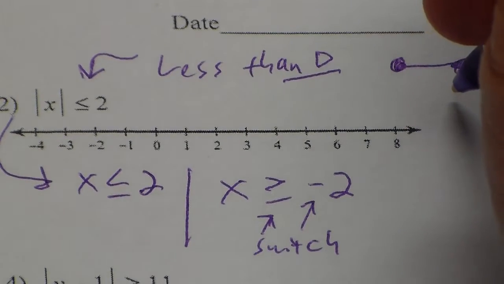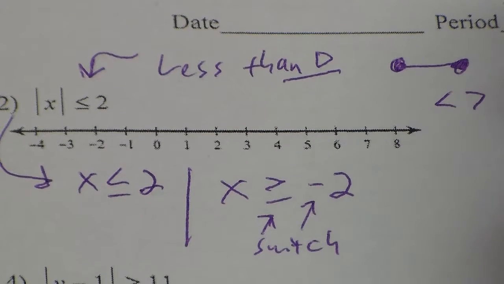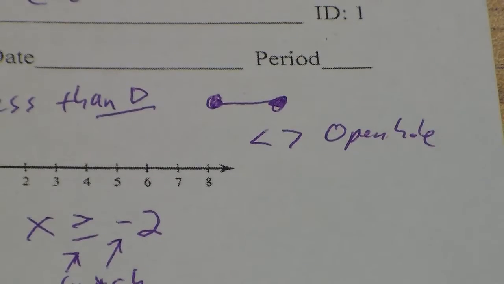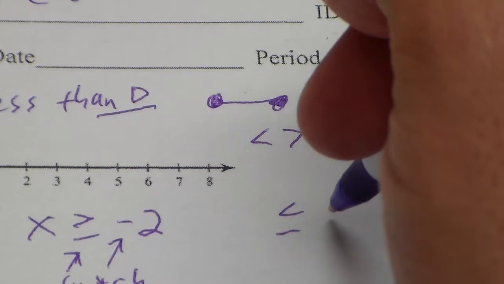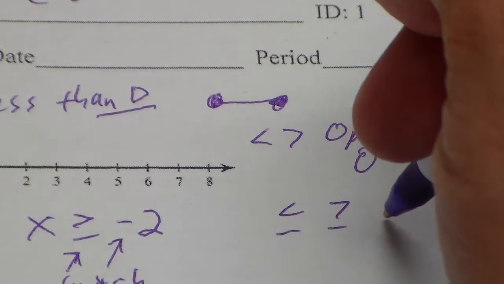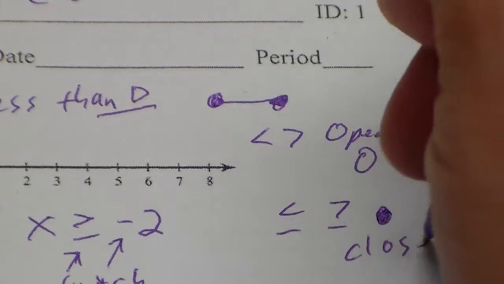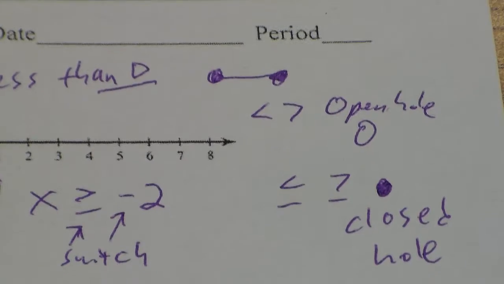Also, don't forget, you can write this down, that less than, greater than is an open hole, open. So less than or greater than is an open hole, right? And then less than or equal to, greater than or equal to is a closed hole. So don't forget that.